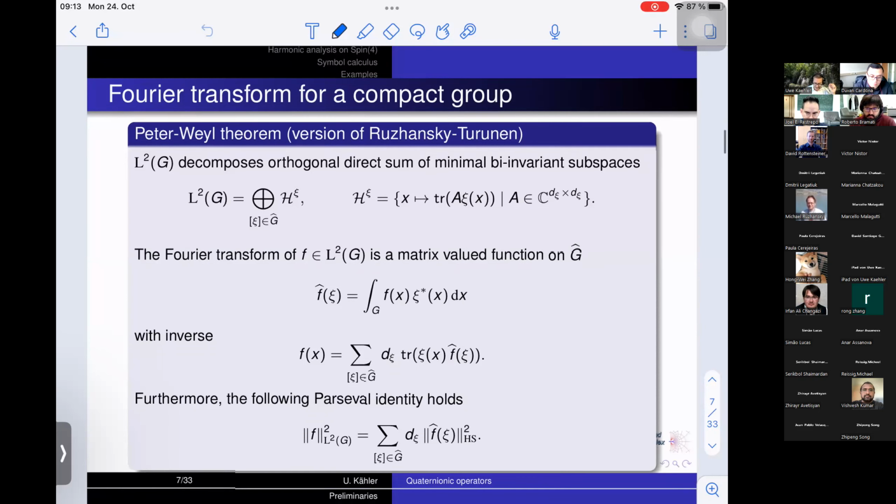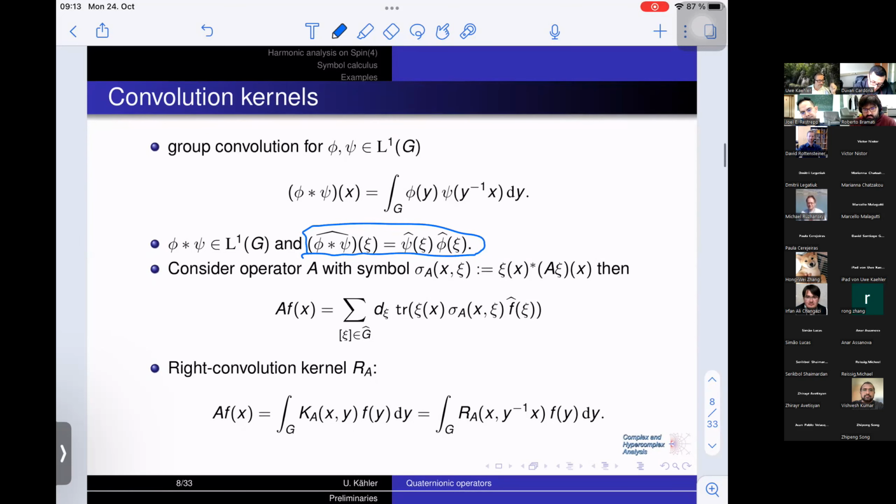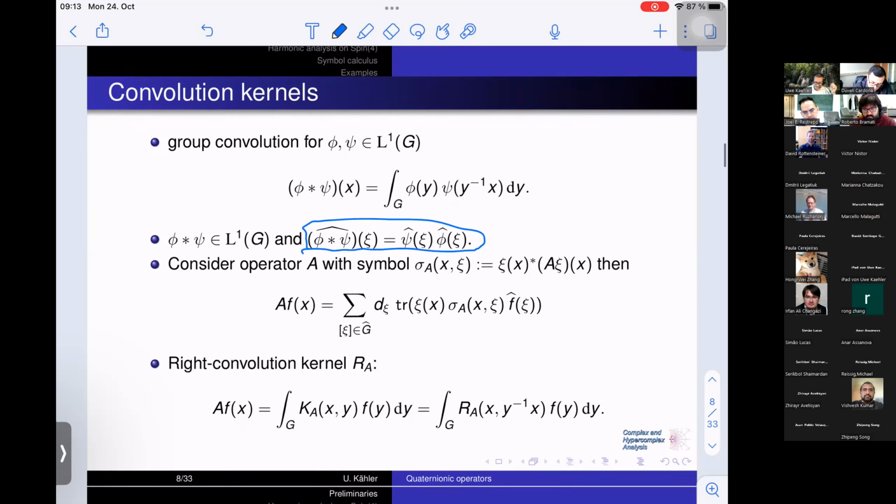And from that part, of course, comes the machinery. You have your group convolution. And of course, what you want from the Fourier transform is that it maps the group convolution into pointwise multiplication. And if you have an operator with a certain symbol, then of course you want to have the convolution kernels, which you can get from that.